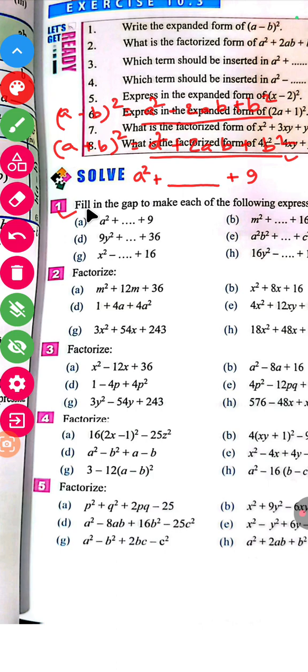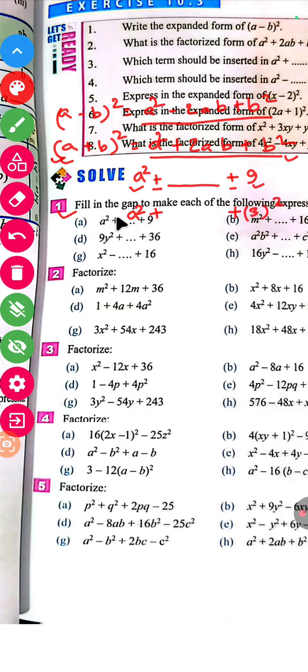So in this first question, we have plus and plus for the second term and third term. So we can understand this is to be changed in the form of a square plus 2ab plus b square. I have a square, the first term, and the last term 9, which is not in square form. So I have to convert the first term and the last term into square form.